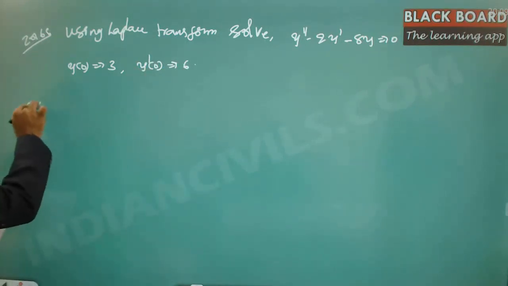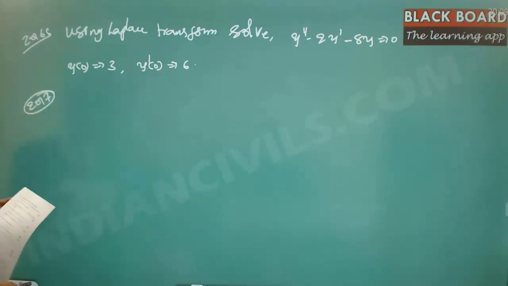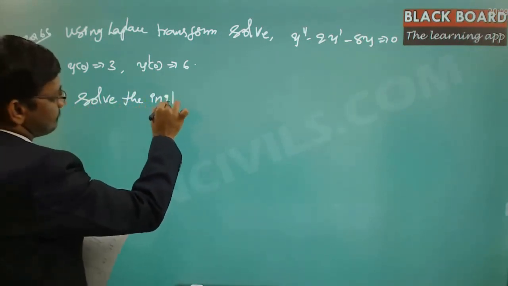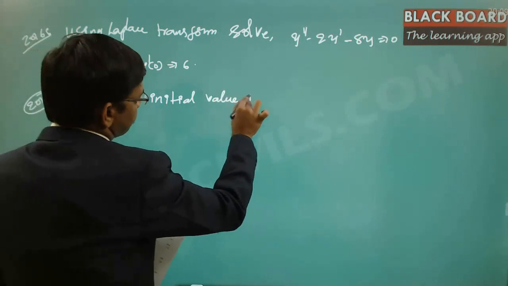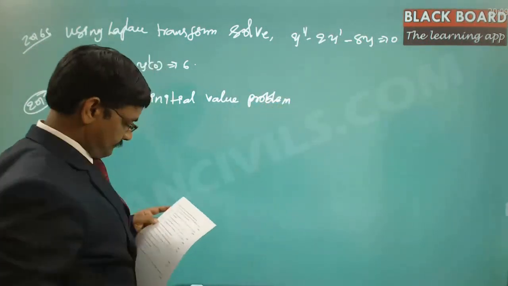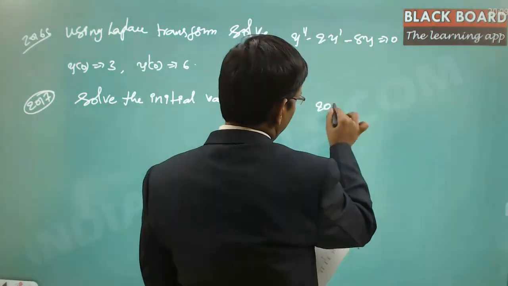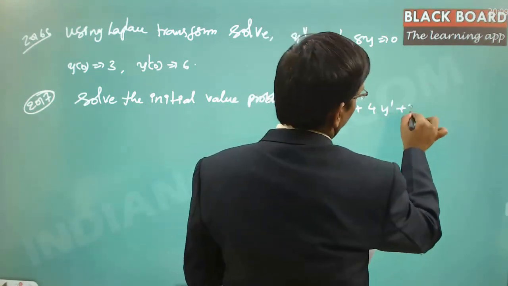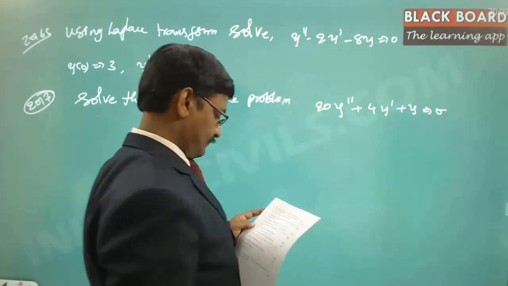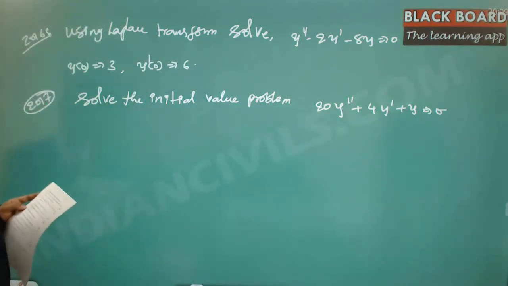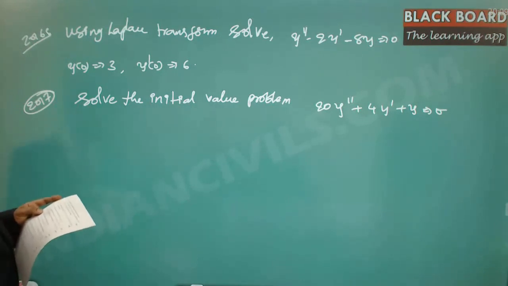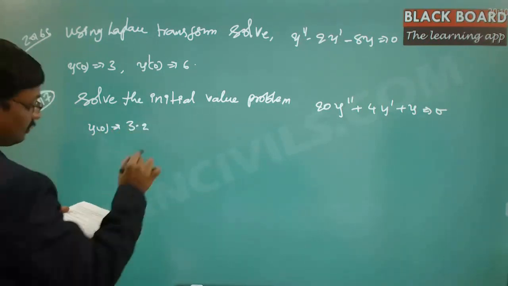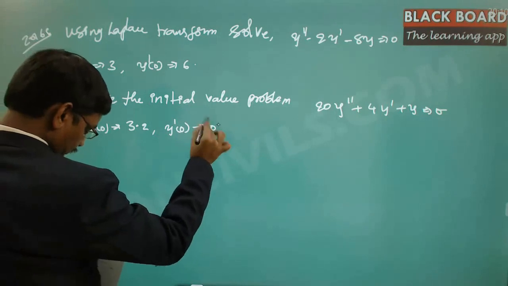In 2017, solve the initial value problem: 20y double dash plus 4y dash plus y equal to 0, y of 0 is equal to 3.2 and y dash of 0 equal to 0.